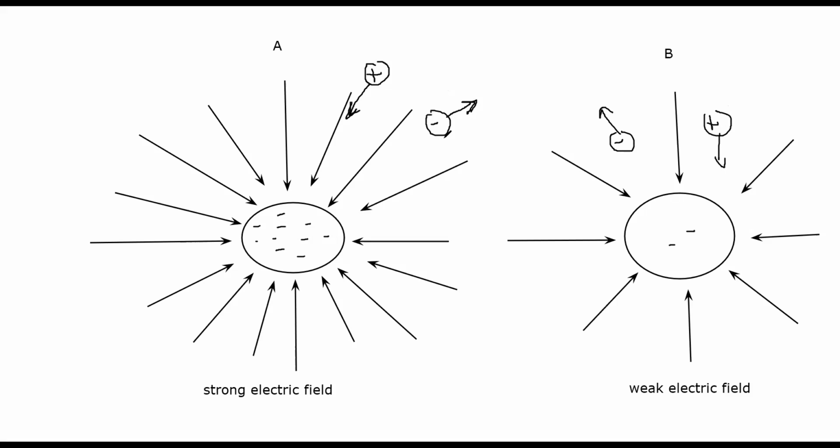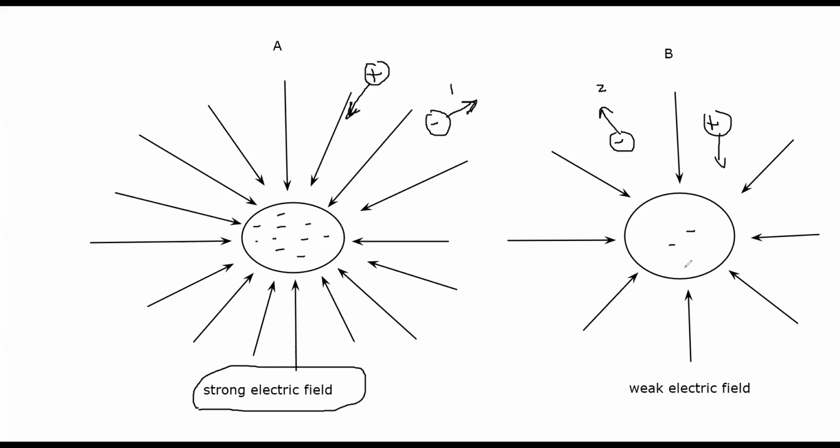Which negative charge experiences stronger force, negative charge 1 or negative charge 2? Negative charge 1 will experience stronger force because the electric field is stronger, so the force will be greater. If the electric field is weaker, the force will be smaller.